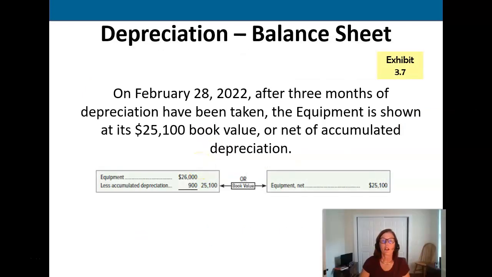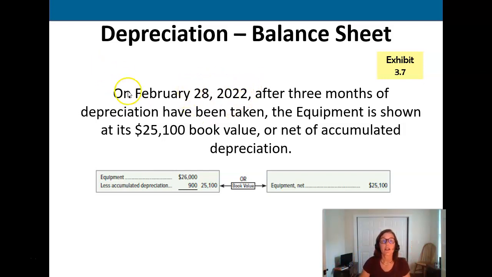So what's this going to look like on our financial statements? On February 28th of 2022, after 3 months of depreciation having been taken, so at $300 a month, 3 months, we've taken $900 of depreciation.